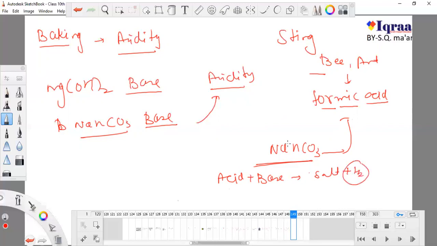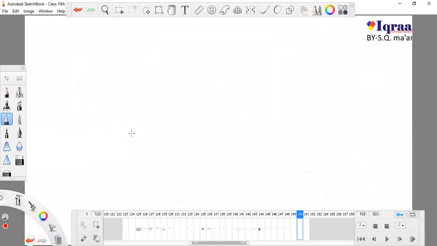It is only very mildly basic, but it can calm down the effect of the acid. We know that this base can neutralize the acid, and by this we can soothe our skin and get rid of the burning sensation produced by a bee or ant sting. So you can also use this. It is a very good household product, and definitely you have it in your houses.